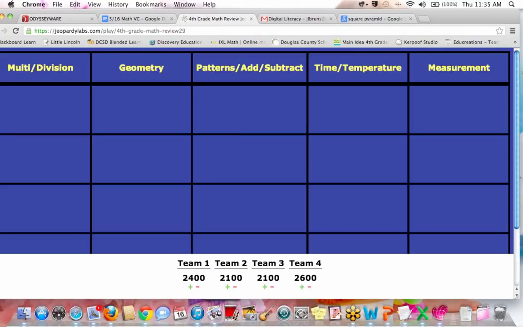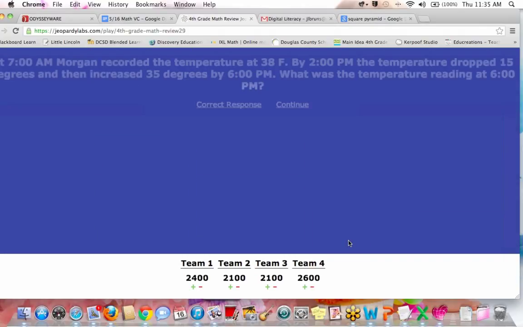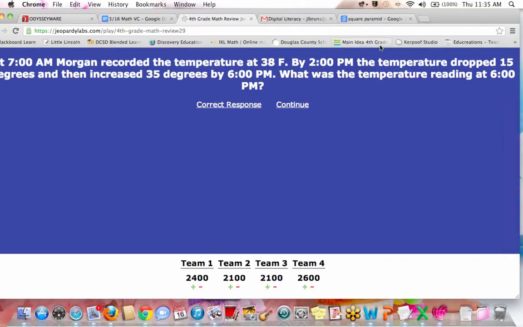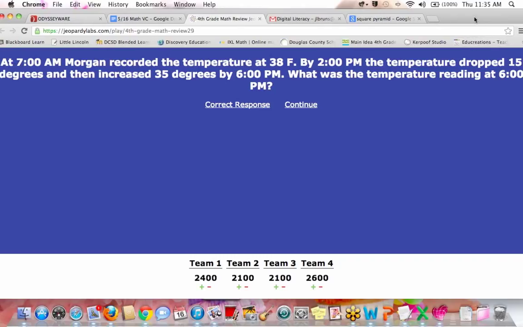Okay, last one. No, just kidding. Two more. At 7 a.m., Morgan recorded the temperature at 38 degrees. By 2 p.m., the temperature had dropped 15 degrees. And then it increased 35 degrees by 6 p.m. She must be in Colorado. So what was the ending temperature? So, 38 minus 15 plus 35.